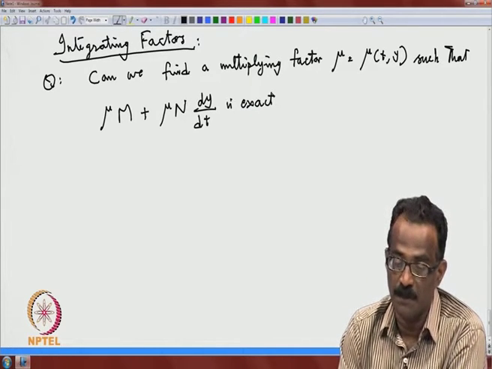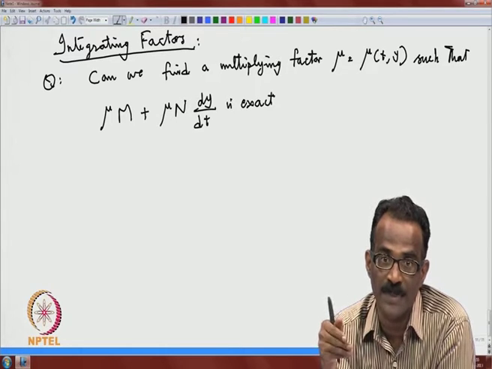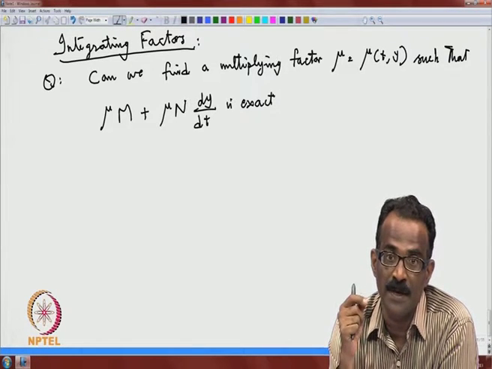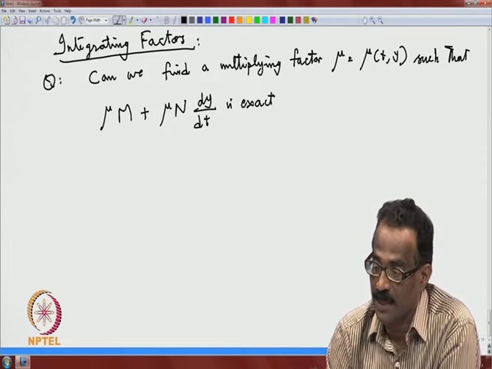Of course, if m plus n dy by dt is exact, you do not have to do that. The question comes when m plus n dy by dt is not exact.